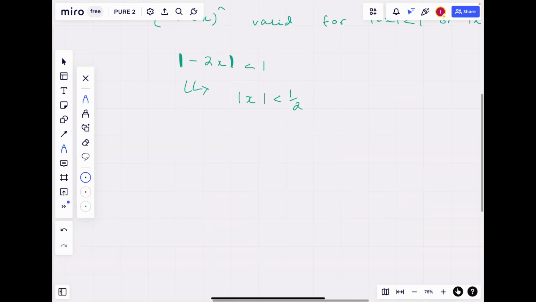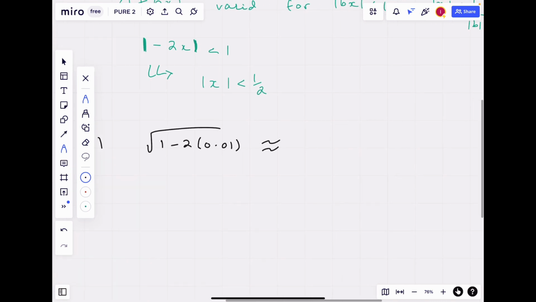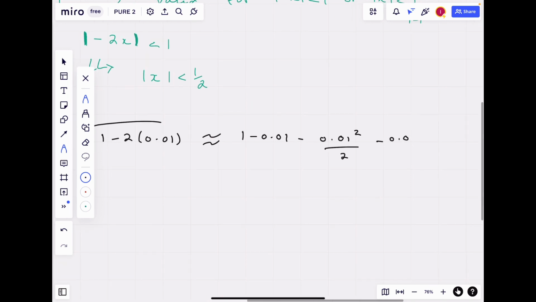So here's how that works. Root of (1 minus 2 times 0.01) should be approximately the same as 1 minus 0.01 minus 0.01 squared over 2 minus 0.01 cubed over 2.